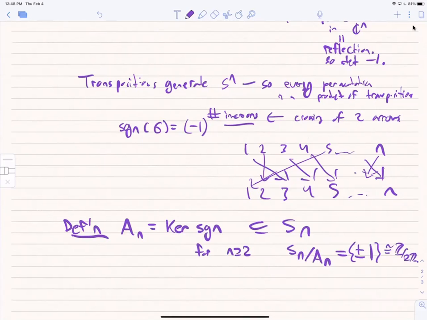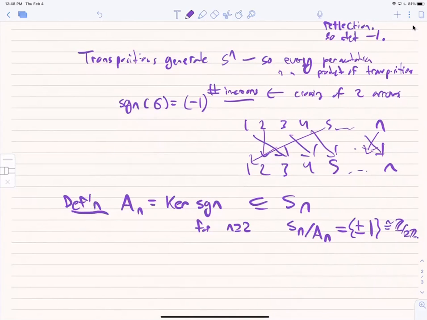Its quotient is just the group plus or minus 1 inside of C star, which is cyclic of order 2. And so it's normal, and the index is equal to 2.